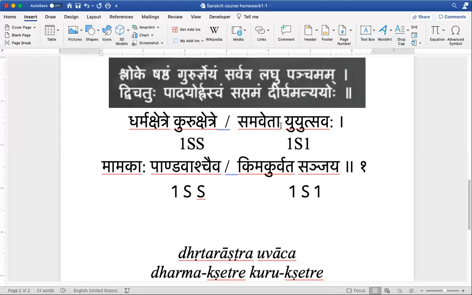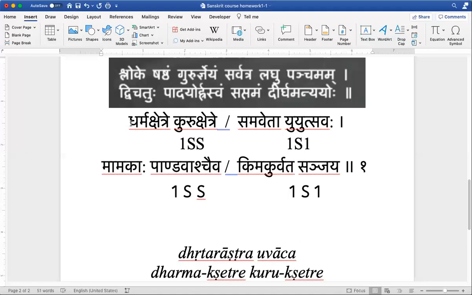Similarly 8 here and 8 here. Put a slash after 8. It says shloke shashtam gurujneyam. Shashtam means the sixth one. If it has to be Anustubh Chanda, the sixth of each of the 8 should be Guru.